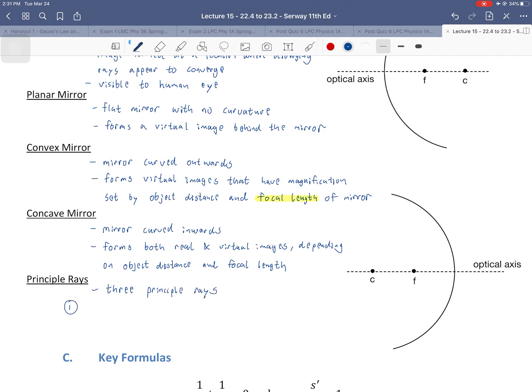And what are they? So principal ray number 1 is a ray that passes through the center of the mirror and the optical axis. Look at the figures to the side to see the optical axis.